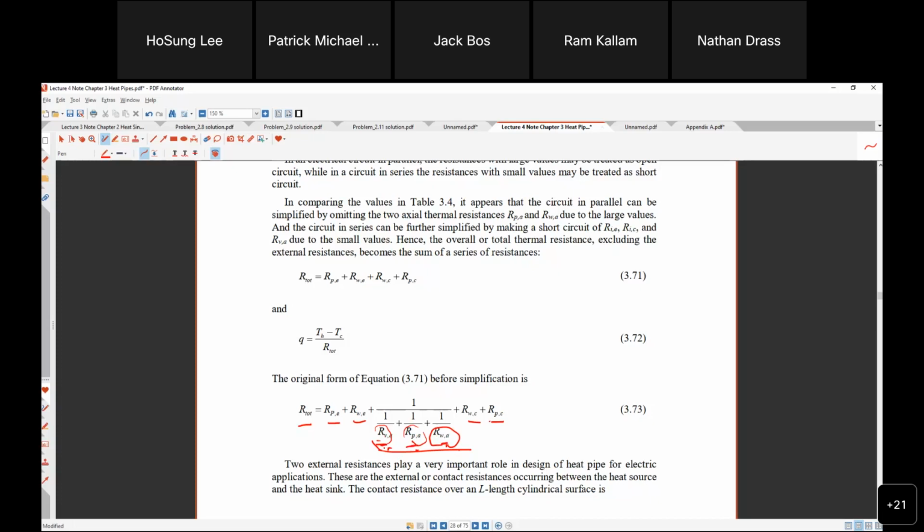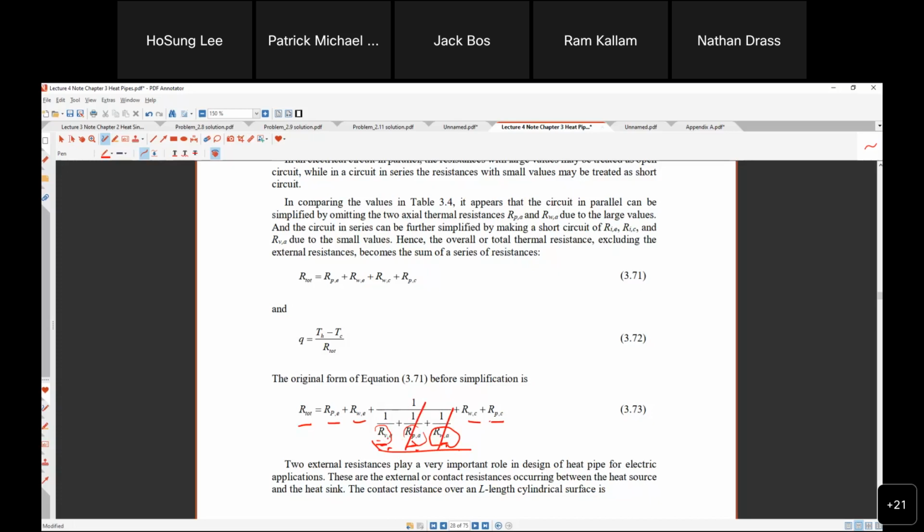Would it be the pipe? Yeah, pipe is larger, so inverse is small. Wick is the same. So these two are thousands of times smaller than these. And then inverse of inverse, it becomes the vapor.